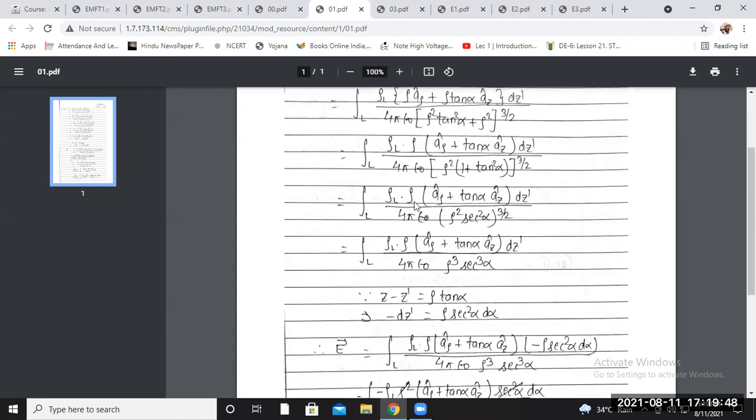Just simplify this format, this rho and this rho will be cancelled, as this is a square term and this is a single term, so in the denominator part there will be only rho. So accordingly, if you solve this equation, that is rho l dot rho arrow cap plus tan alpha az dz dash divided by 4 pi epsilon naught rho square, when you multiply you will get rho cube.